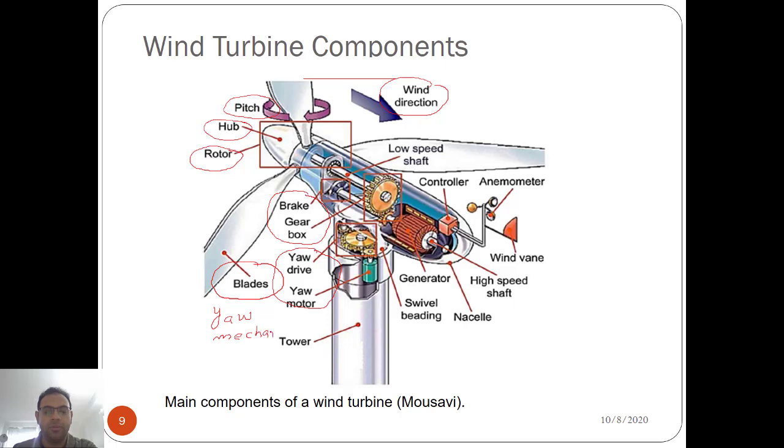Sorry for my bad handwriting. The tower carries all this stuff. Then we have the generator and the nacelle, which is the housing that contains all of these things. In the last, we will also discuss the wind vane and anemometer mechanisms. These are used to detect the direction and speed of the blowing wind.